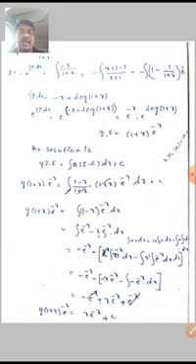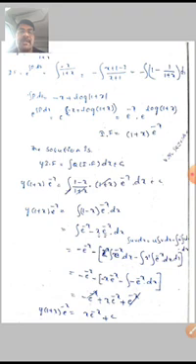You have to simplify this integration by using the integration of uv dx formula, that is integration of uv dx is equal to u into integration of v dx minus integration of u dash into integration of v dx, whole dx. You have to put it in this formula. We simplify it and get y into 1 plus x e power minus x is equal to x into e power minus x plus c. This is the solution of the given differential equation.